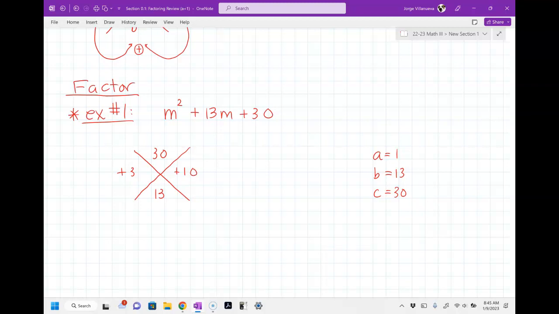But a positive 3 and a positive 10, that multiplies to 30, and 3 plus 10 adds up to 13. So that means these are the numbers I'm looking for. Notice I don't have to do that division portion because my a term is a 1, right? So I'm basically done here. All I got to do is write my answer, m plus 3, m plus 10, and that's it. My answer is done.